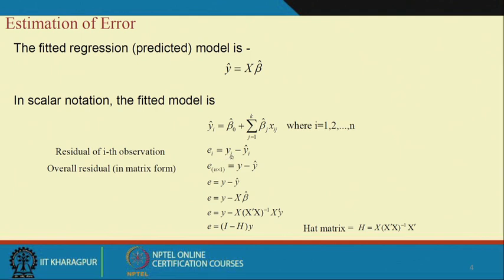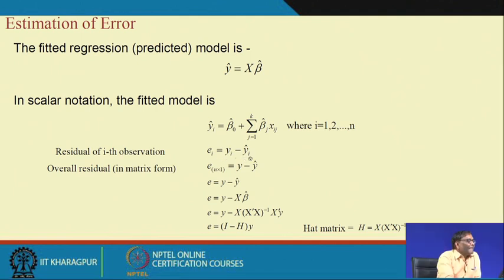So e_i is y_i minus y_i hat. As there are n values of y, there will be n residuals. In matrix form, E equals y minus y hat, an n cross 1 vector.